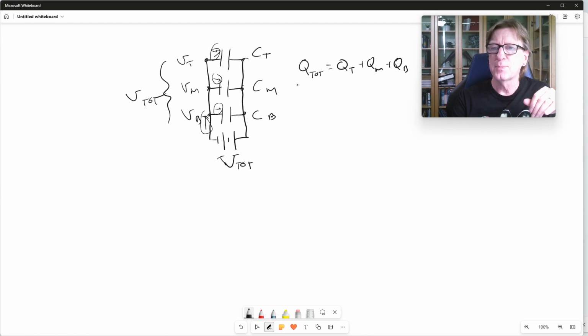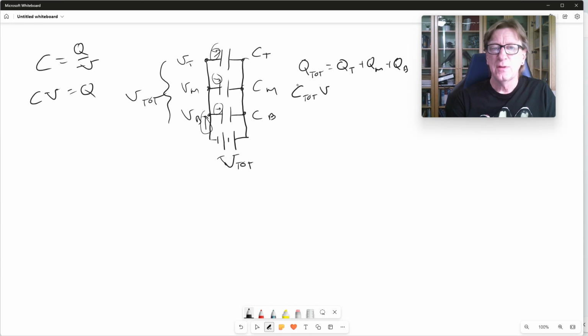In a similar way to what we did before, let's take our capacitor equation. It's C equals Q over V, and now I want to solve it for Q. Well, that's really easy. That's just Q equals CV. Let's take that and plug that in over here. So I get C total V total equals C top V top plus C middle V middle plus C bottom V bottom.